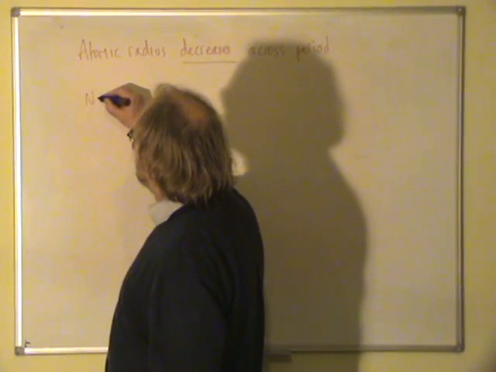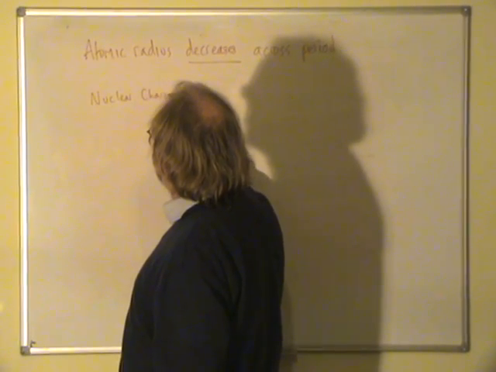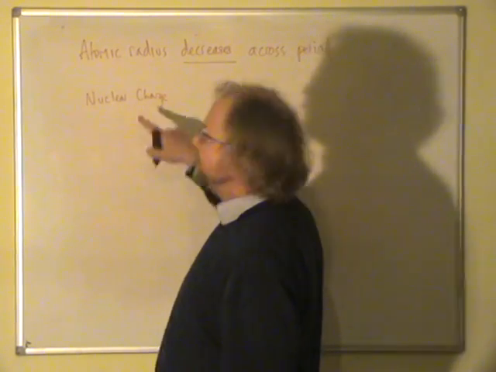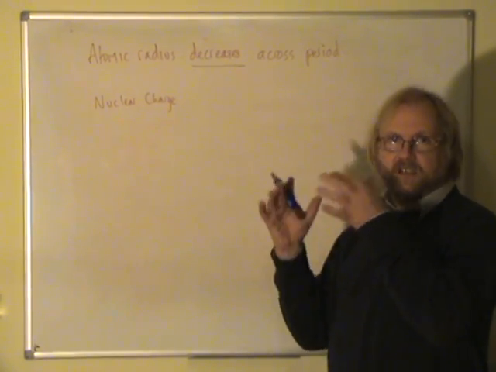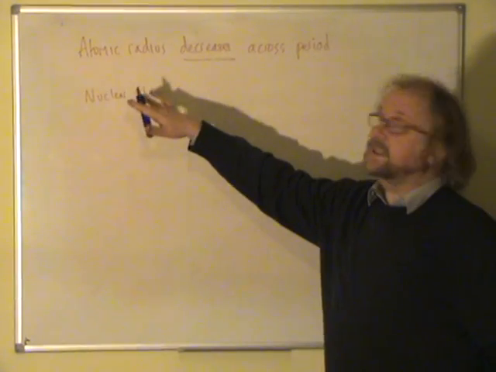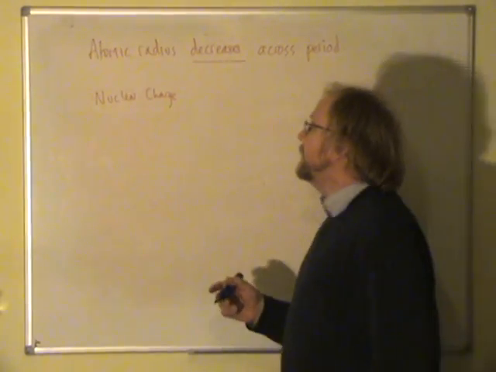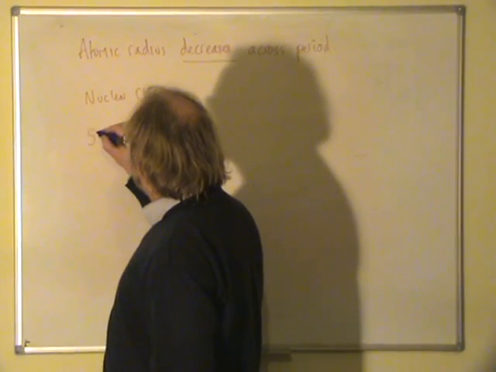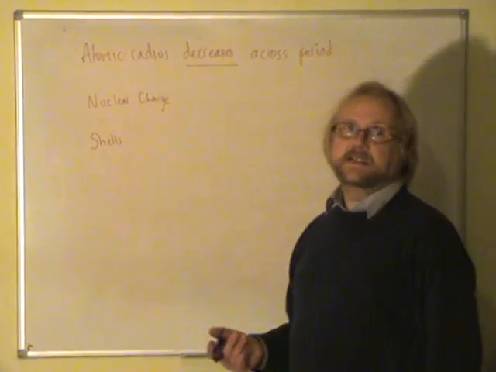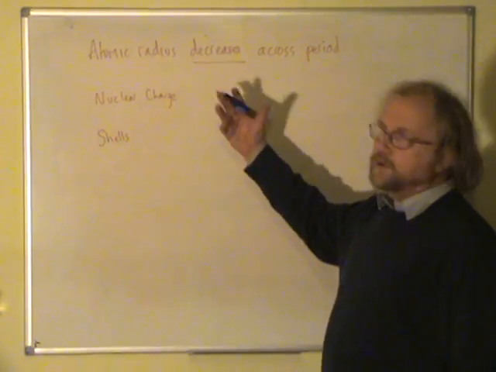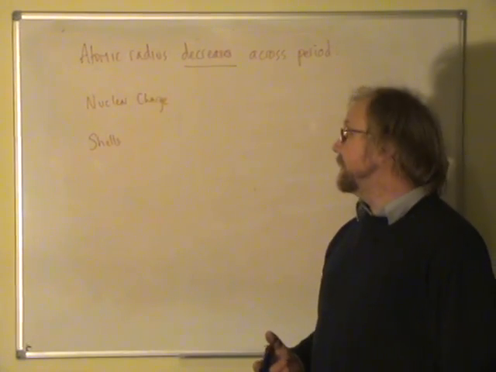So remember, you need to talk about the nuclear charge, which means the number of protons, but you should try and use that phrase to emphasize that it's the fact that it's a positive charge attracting the electrons towards it, and the size of that positive charge affects the strength of attraction. Then you need to talk about what shells the atom has. When you're comparing things, if you change the number of shells, then you have big consequences of that.